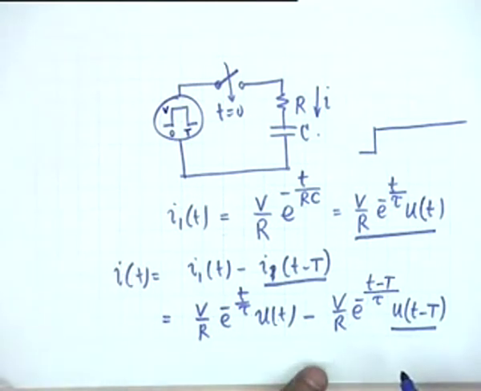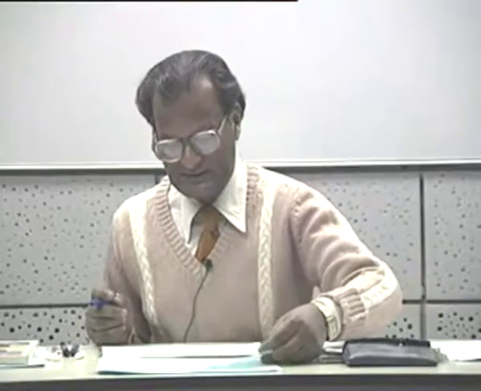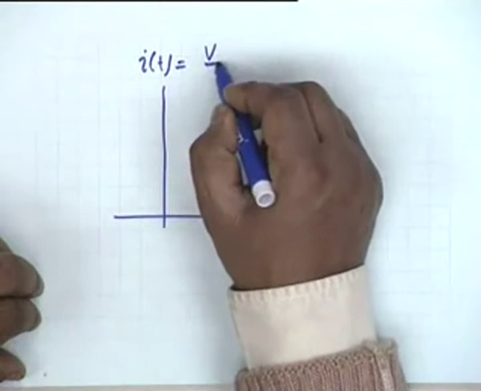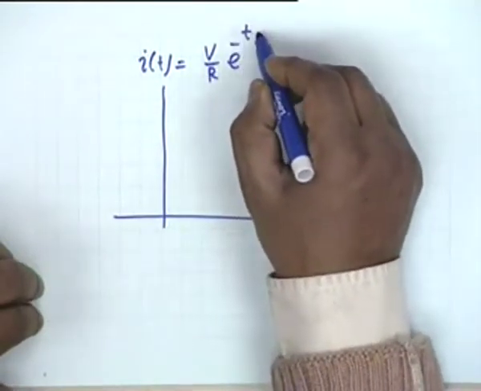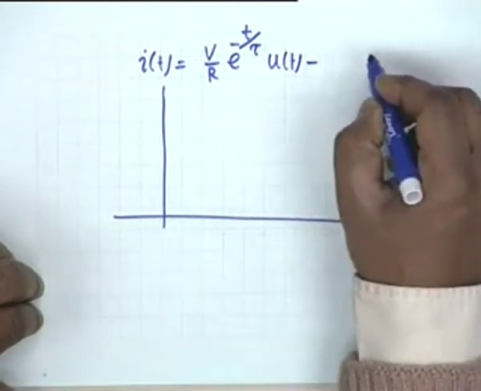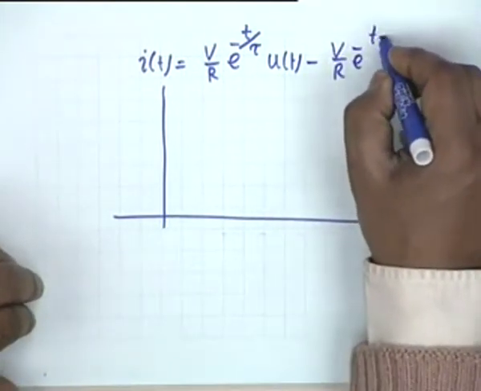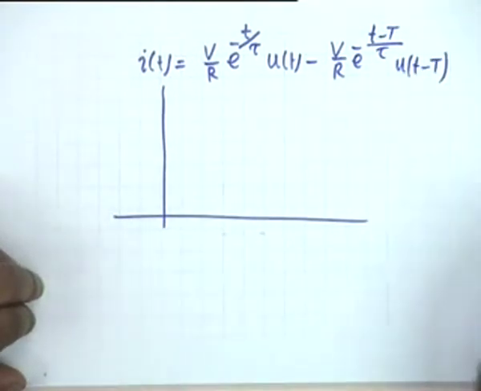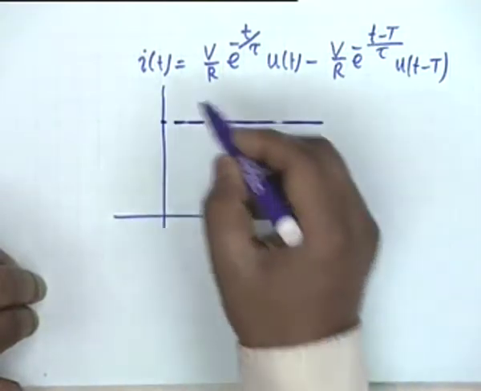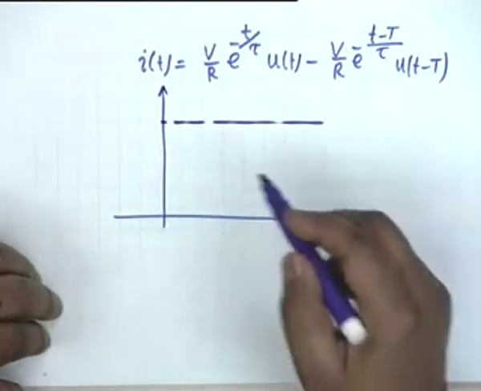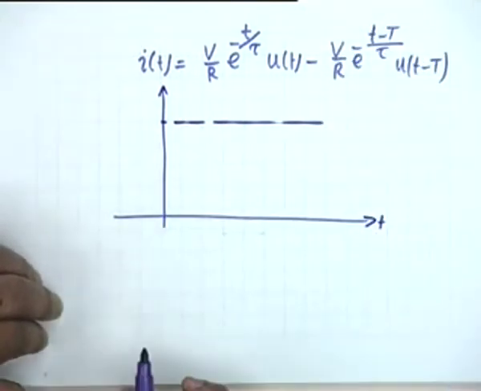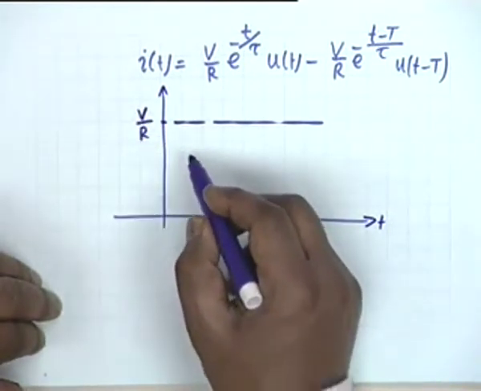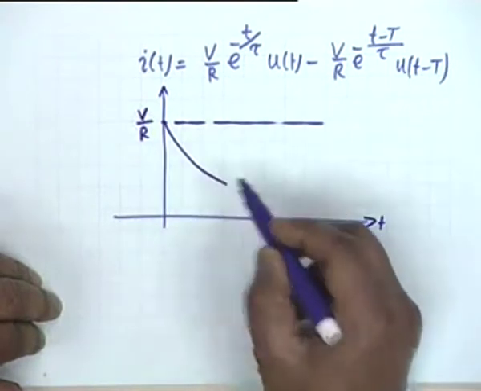Otherwise it is 0. Now if I sketch the current waveform, my current waveform i(t) is V by R e to the minus t by tau u(t) minus V by R e to the minus (t minus capital T) by tau u(t minus capital T). Now if the second term was not there, then the current versus t would have started falling from V by R, okay, it would have started falling like this.